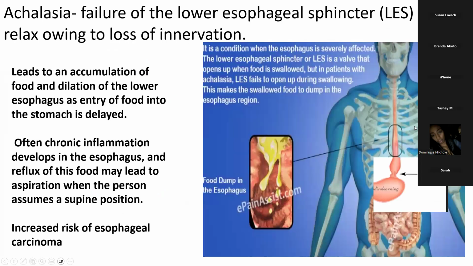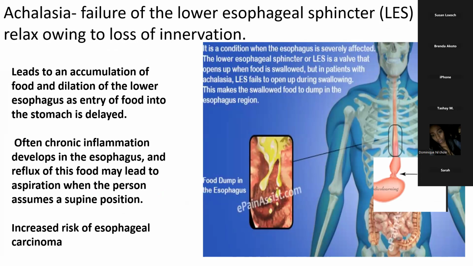So the achalasia, that is the failure of that lower esophageal sphincter to relax because it's not being innervated here. So you see there where the achalasia is. If you look at the picture on the right, you see that little stricture there. It's squeezing off. Okay. The lower esophageal sphincter is a valve that's supposed to open when the food is swallowed.